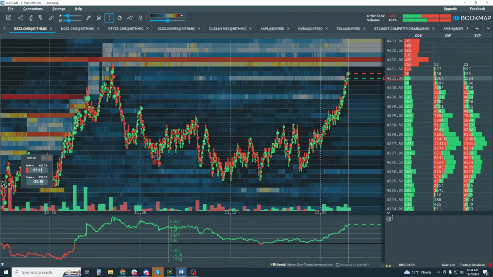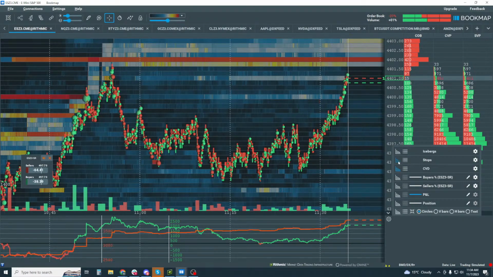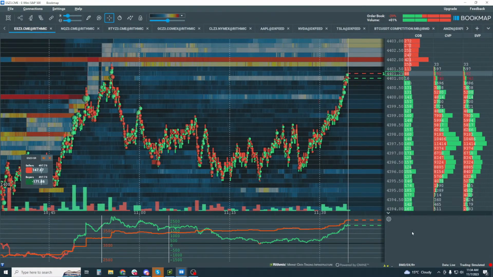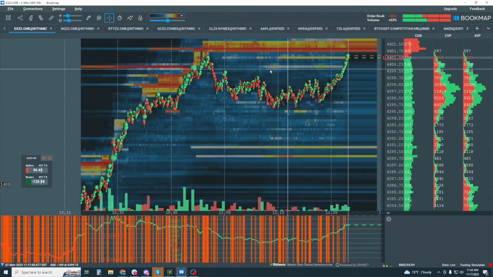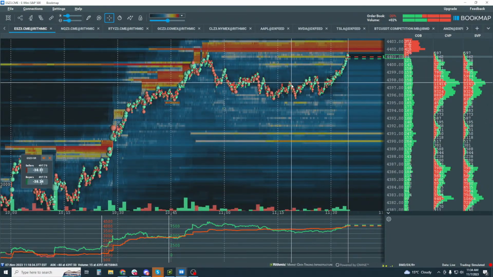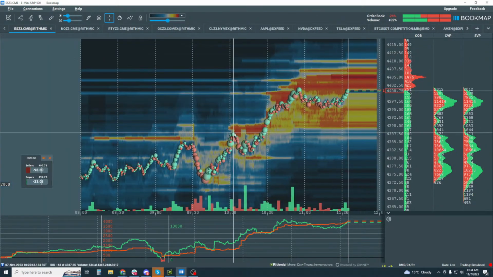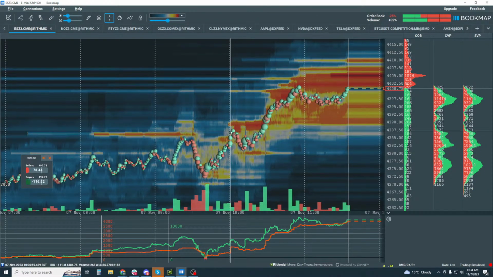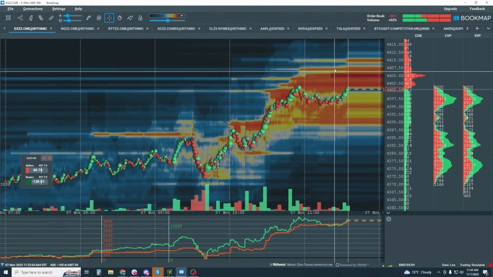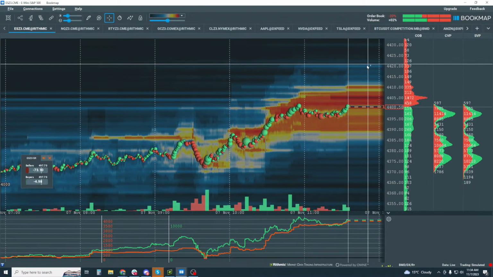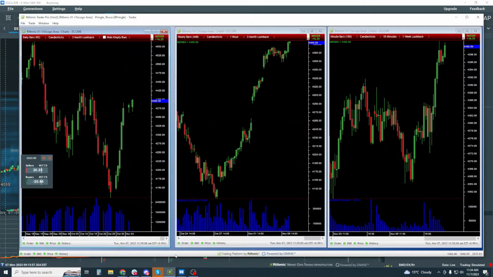We're looking for that stop run, and then I'm looking for a bigger move back up above 02 basically. We're going with the trend continuation here. So 05, 10, we said 16 and 28 or something like that.